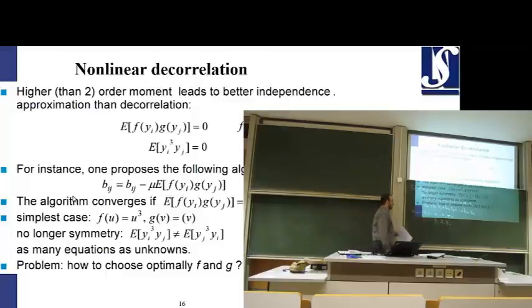So if y1 and y2 are independent, then Si is a Gaussian.